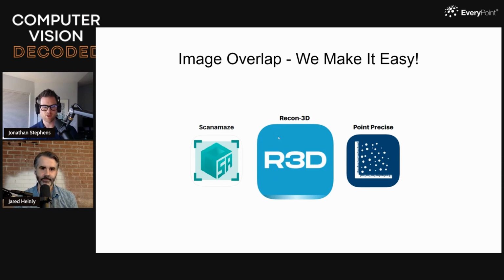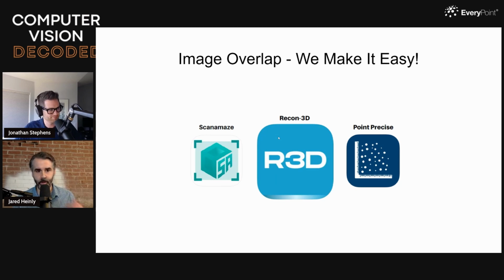And so, Jared, what do we do with video that we're able to do that? Are we just taking a frame every 2 seconds and hoping it works, or is there something a little bit more intelligent going on there? Yeah, there's more going on than just trying to extract a frame every second, which you can do. If you're just getting started and you're trying to do this on your own, a lot of times if you have a video, you can try to extract a frame every half second or a third of a second or once a second.